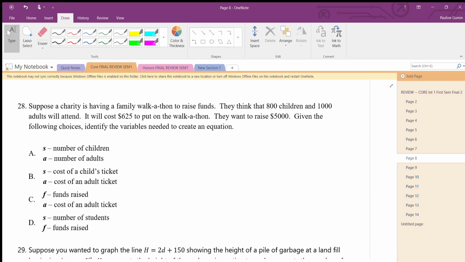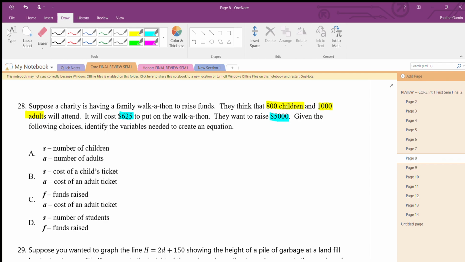Okay, well, let's see what we have. We have the fact that there's 800 children and 1,000 adults. Then I also see a couple of money numbers. I see 625 and 5,000. So the 625 stands for the cost of the walkathon, and 5,000 stands for how much they want to raise.